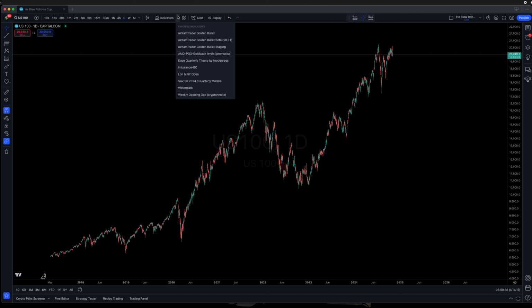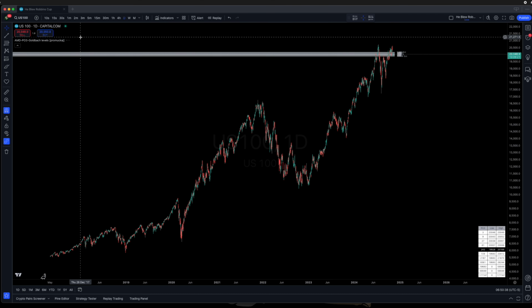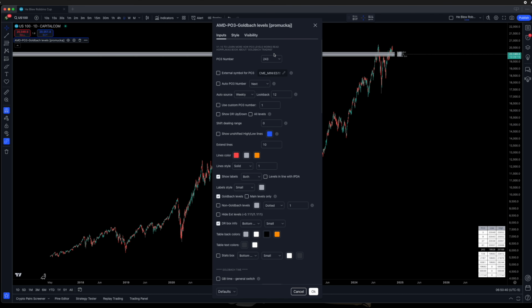Now, if we go to the Goldbach numbers, these are the special power of 3 numbers, you will see that after 19,683, the next Goldbach number is 59,049. These are the power of 3 numbers, and these define the dealing ranges.